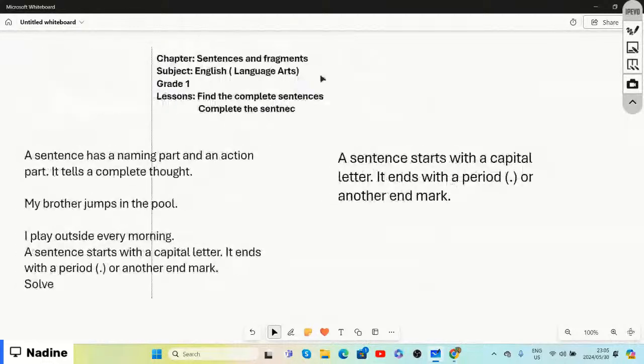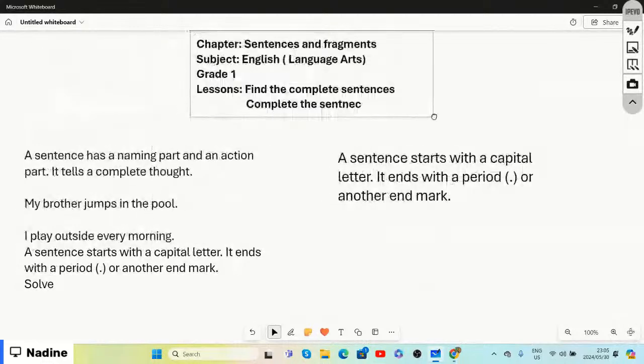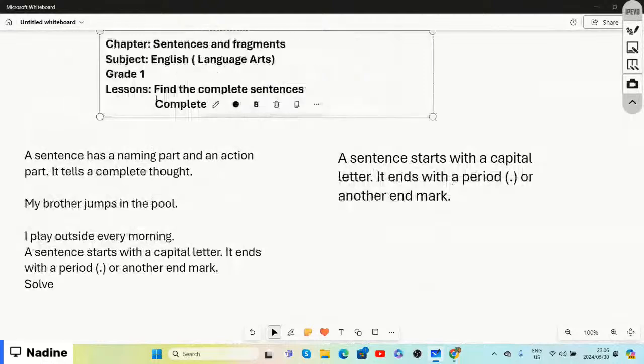All right, so we are doing sentences and fragments, right?